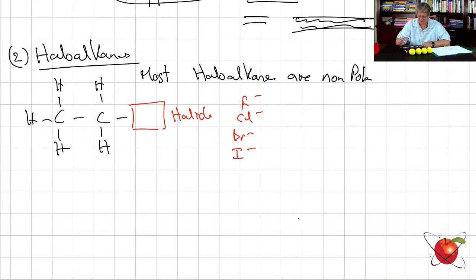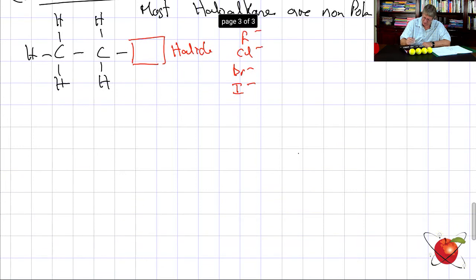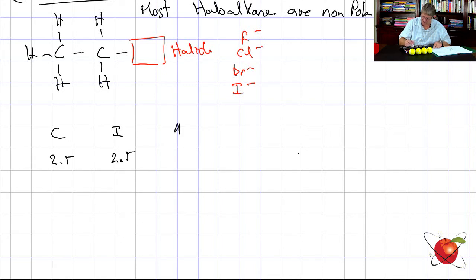How did we work it out? We took the delta electronegativity, didn't we? Okay. Let's just look at it. Here's the carbon, and here's, for example, iodine. Okay, I did a few here. Carbon and iodine is 2.5, 2.5. Delta electronegativity is 0.